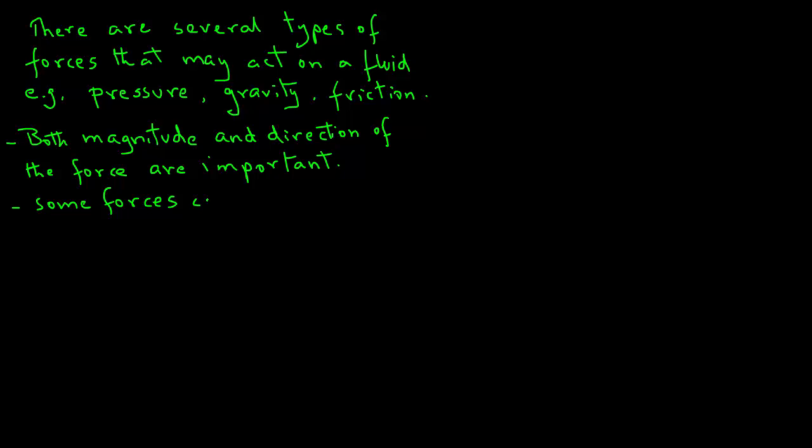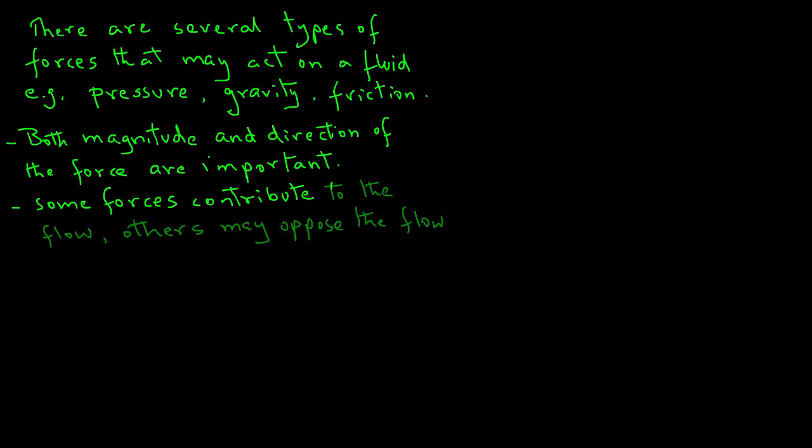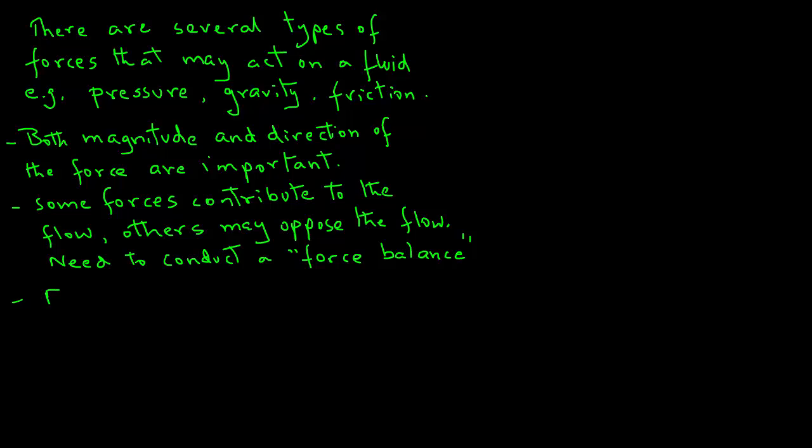There are forces that contribute to the flow, and then there are other forces that are opposing that flow. So many times we try to determine what sort of forces are aiding the flow and what are actually retarding the flow. We also know from our general observation that if the pressure is higher in one location than the other, then the fluid moves from higher pressure to lower pressure.